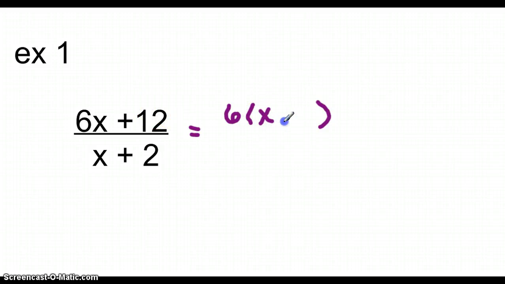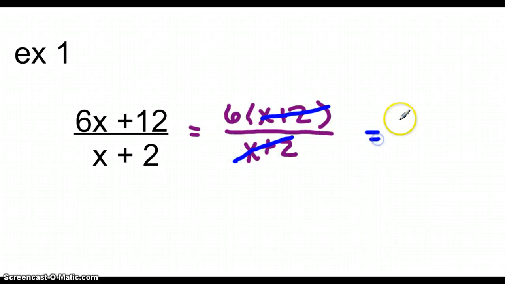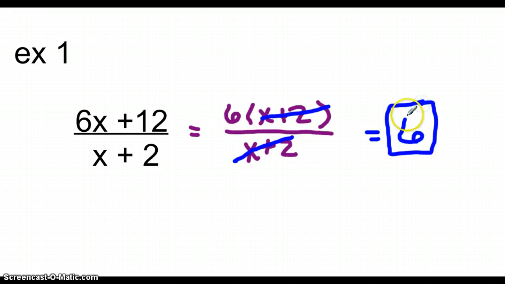This divided by 6 would be 2. Once that happens, I can now see that the top and the bottom have a matching piece. So these two can cancel, and I'll be left with 6 as my answer. So again, our job is to try to reduce as much as we can. Let's take a look at the next one.